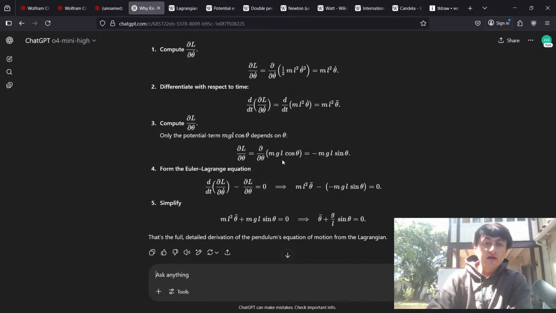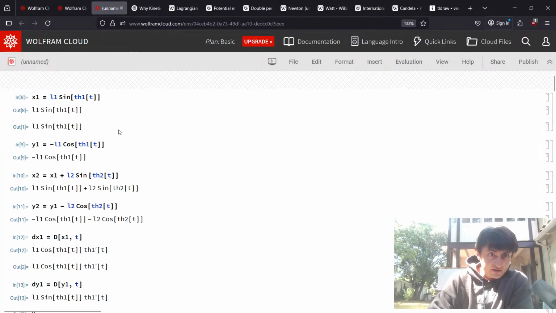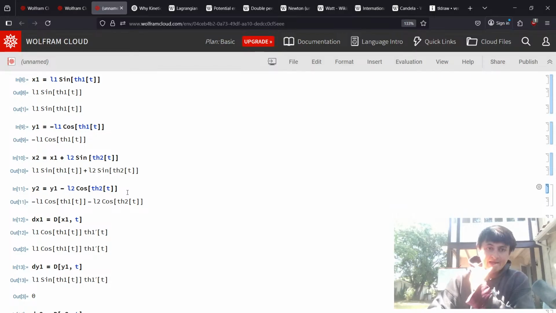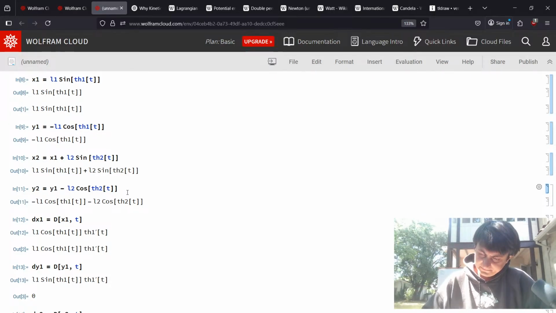All right, so we've now understood these 4 lines. And we also have x1 dot is equal to L1 cos theta 1 of t times theta 1 dot of t.